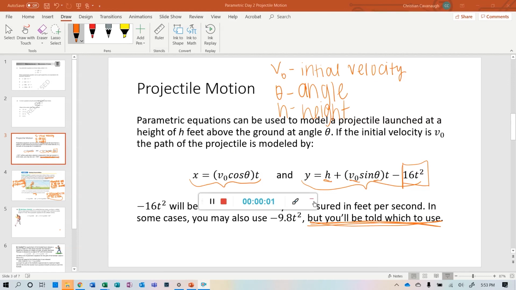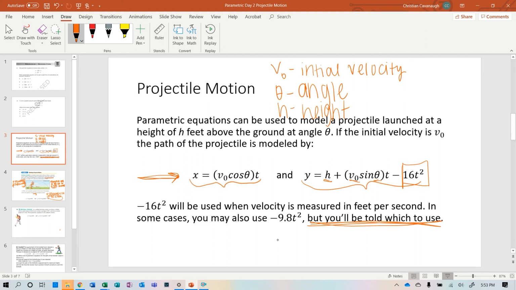So that's really all for projectile motion. Remember that you will be given these x and y equations, so you don't have to memorize them. That's just the basic equations that you're going to put that information from the problem into, like the angle, the height, the velocity, and all of that good stuff.